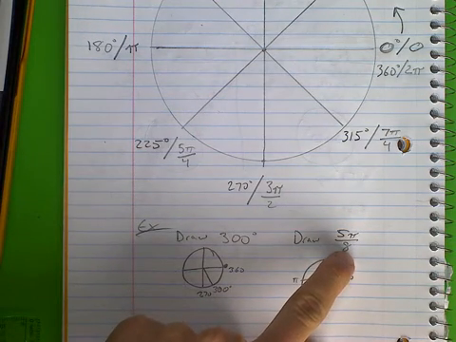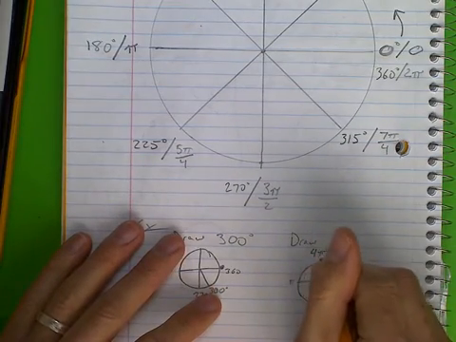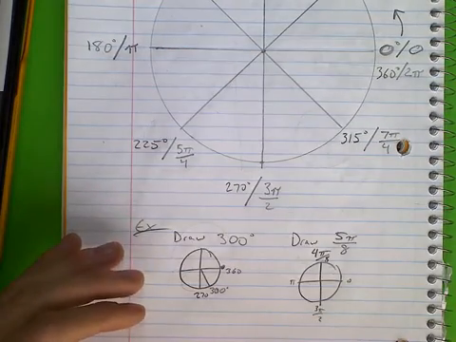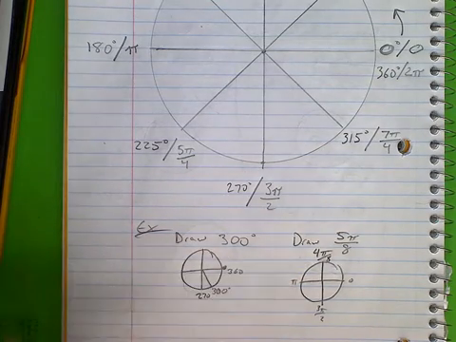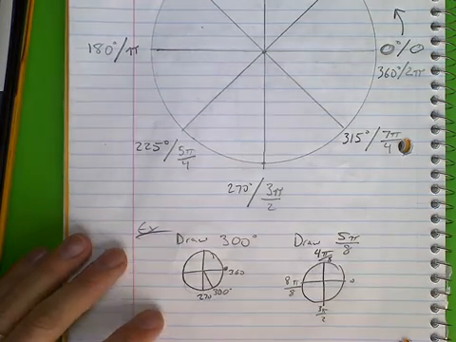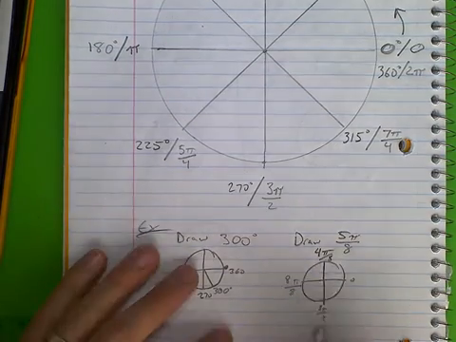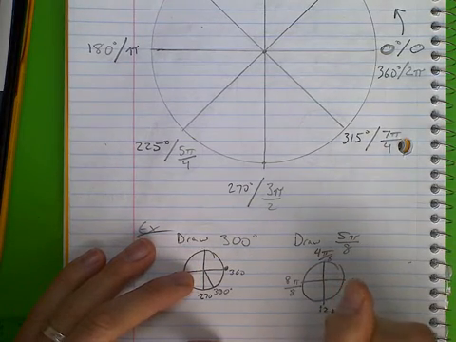How many eighths would half a pi be? That would be 4 eighths, right? And how many eighths would an entire pi be? 8 eighths. And how many eighths would 1.5 pies be? 12.